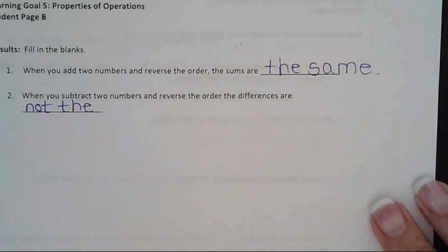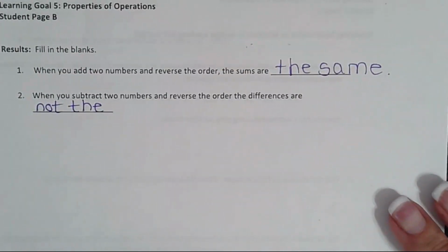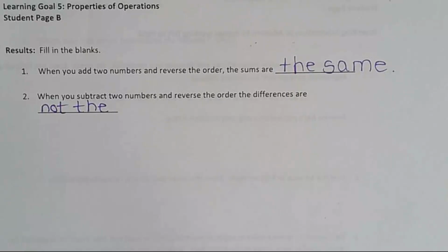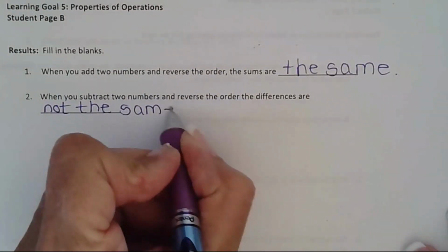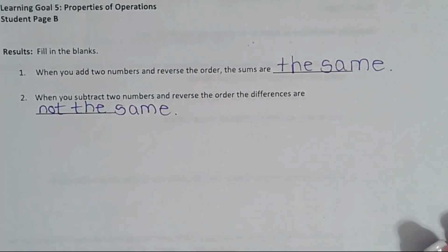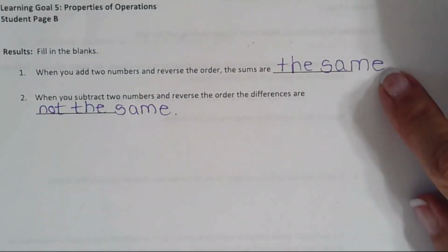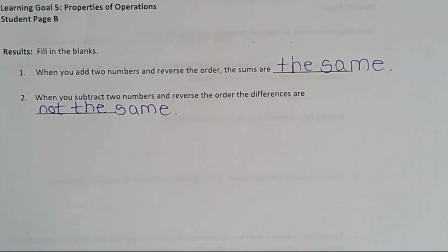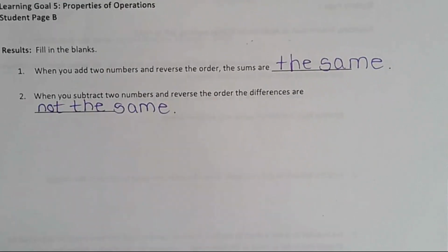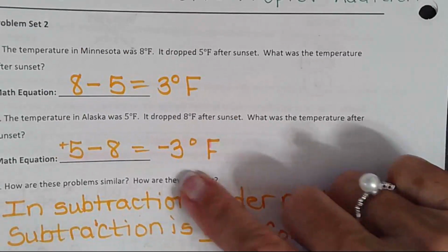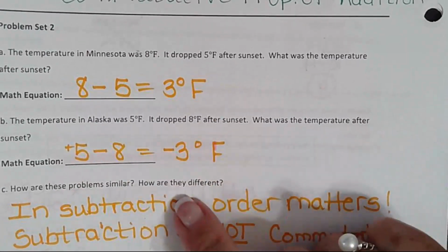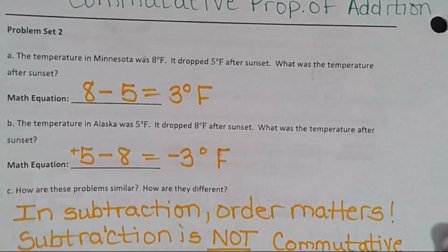I used to write different, but that just sounds kind of weird. So I just say not the same, which means subtraction is not commutative, but addition is. Because we got positive 3 for one, negative 3 for the other. So we see that switching the order means they are different.